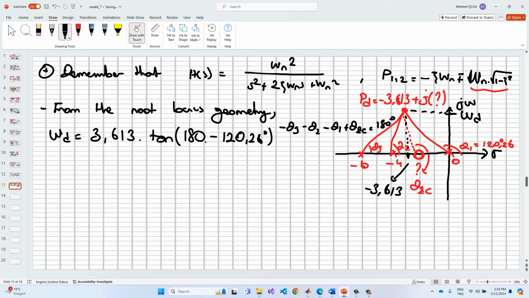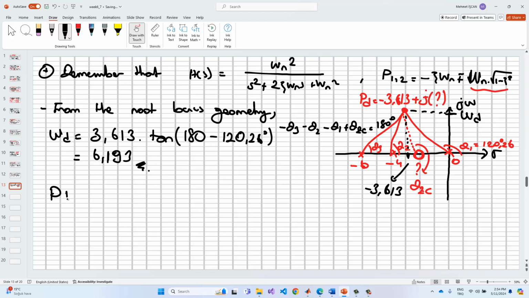And so we are using the tangent information in here, because we have the real part in here and the opposite or vertical part is the Wd, and the relation of these terms, Wd divided by 3.613, must be equal to this one. Just simple using the geometry, okay? And so this is equal to what? 6.139, right? These are the imaginary part or the Wd part of the R system.